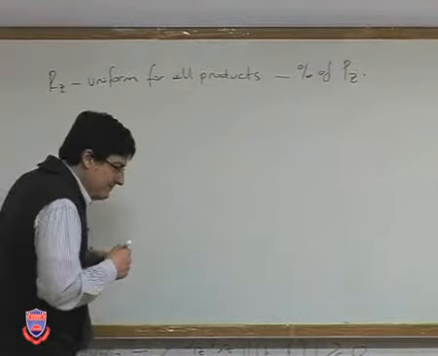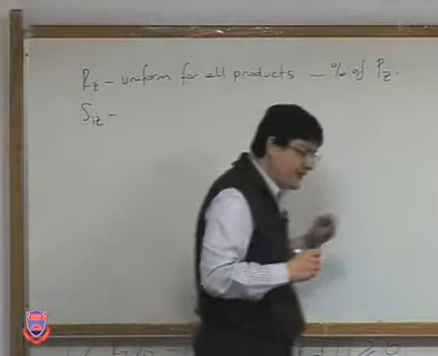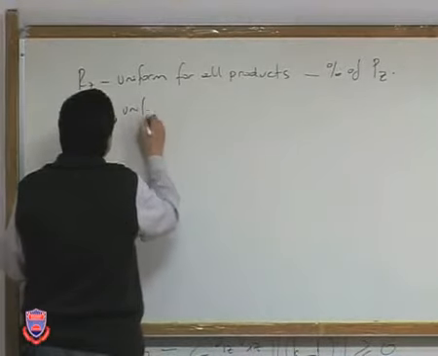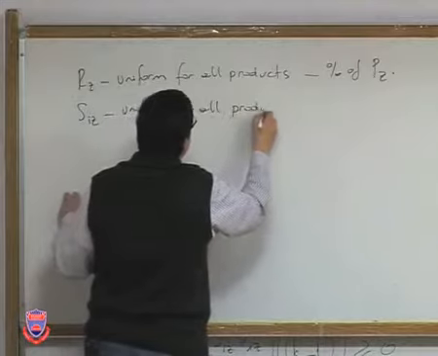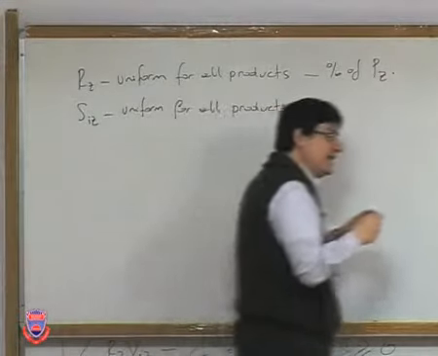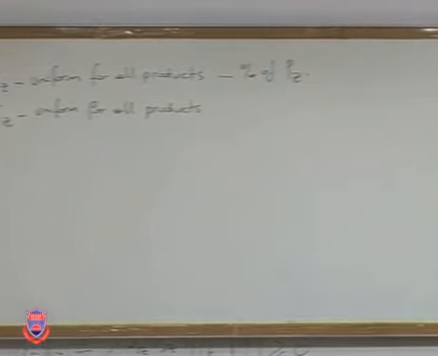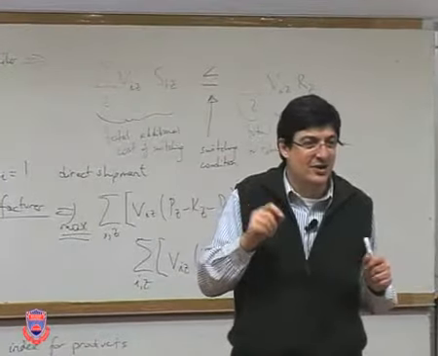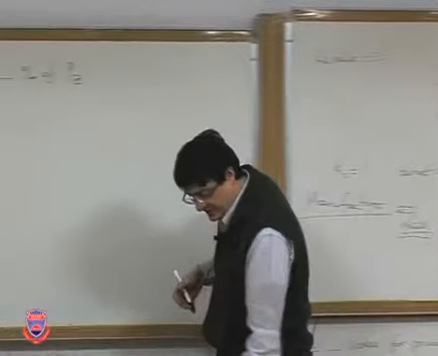And similarly, S sub iz's, which are difficult to determine, we are assuming that they will be uniform for all products. In other words, when I want to determine the switching cost for a retailer per unit, it will be a certain percentage of the price. So this is the way that everything is considered.